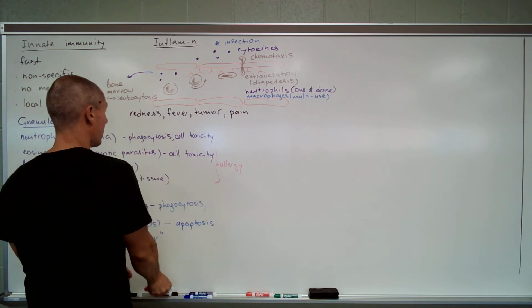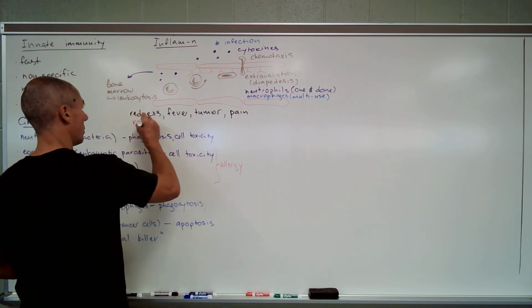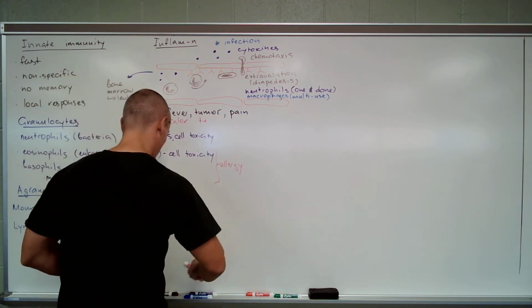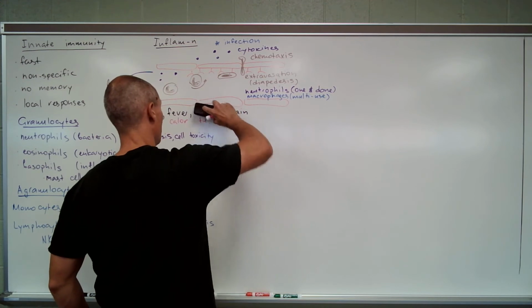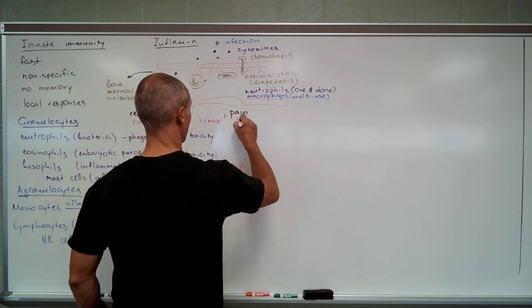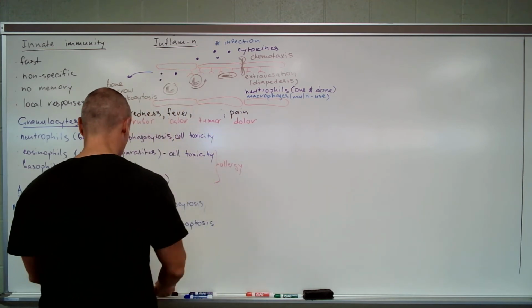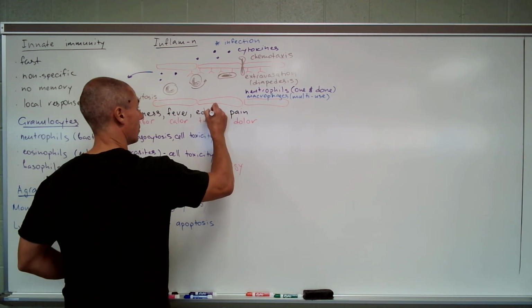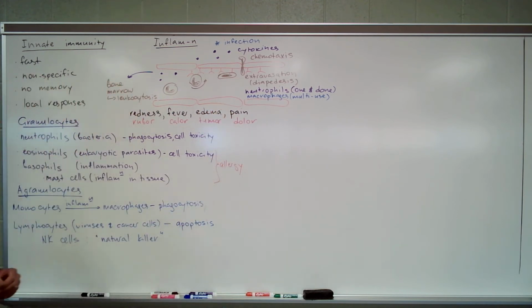So if you want Latin, it's going to be rubor, calor, well, it's not tumor here, it's edema. Tumor, dolor. Obviously, I'm not going to ask you to know Latin. Okay, does that make sense? This part. Okay, good.